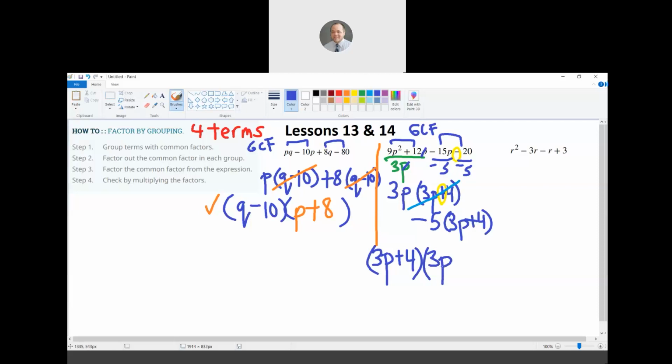And when you pull out a 3p plus 4 from the second term, you're left with -5. So 3p plus 4 times 3p minus 5 is your final answer. To check your answer, just multiply everything out and see if you get the original problem.